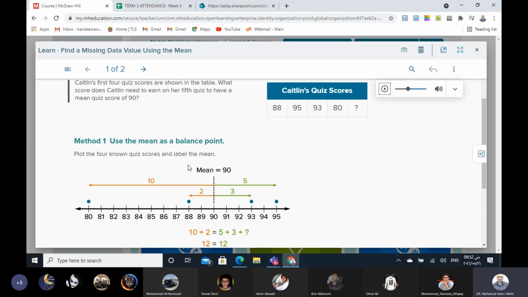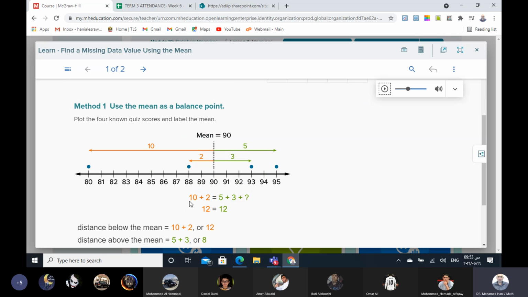So here 10 plus 2 equals what? 5 plus 3 plus the missing value here. So 10 plus 2 will be 12, and 5 plus 3 will be 8. 8 plus what equals 12?